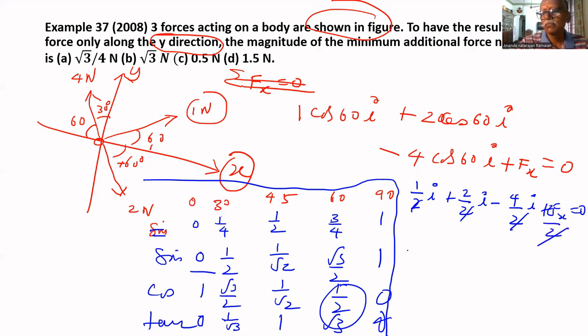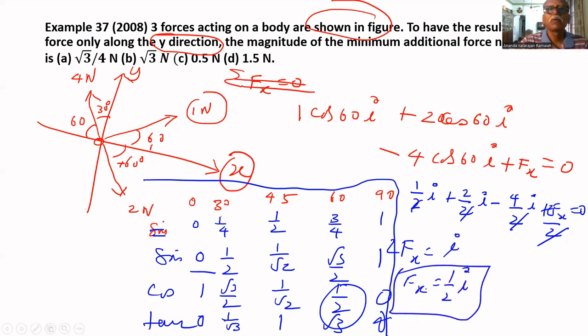So 2fx equals 3I minus 4I, that is 4 minus 3, 1, so 1I. Therefore, fx equals 1 by 2 I, or 0.5 I, that is 0.5 Newton. C is the answer.